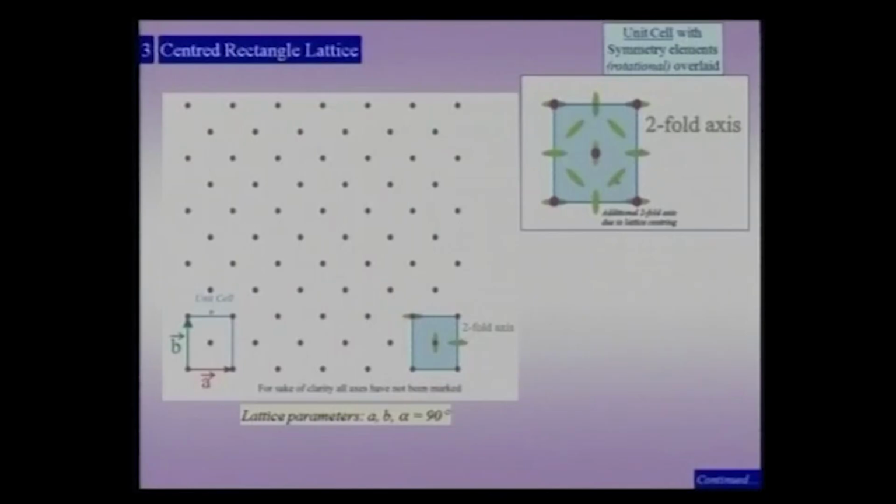The third lattice which I consider is the centered rectangle lattice. The centered rectangle lattice, as the name suggests, has a centering point apart from the four lattice points at the corner. Of course, the word centering, we have to understand clearly, is with respect to the previous unit cell.